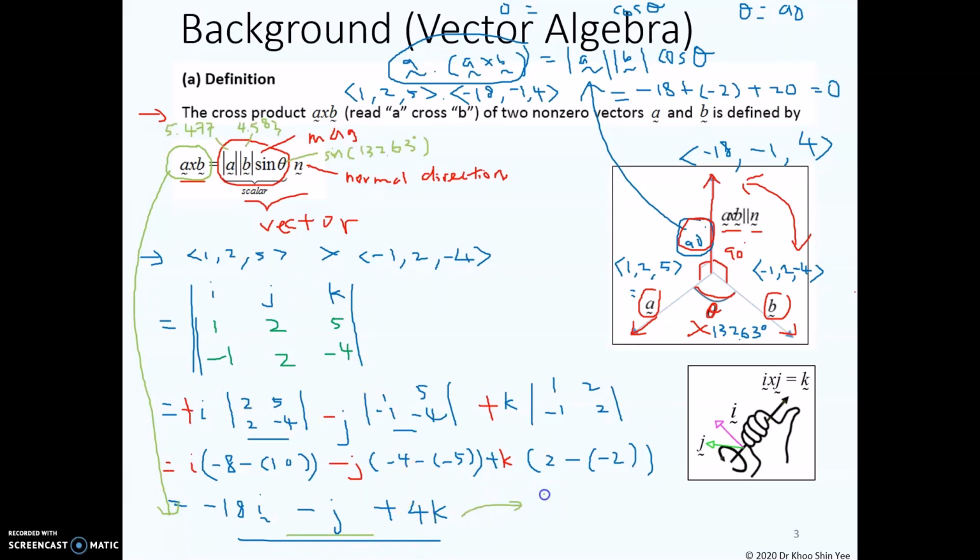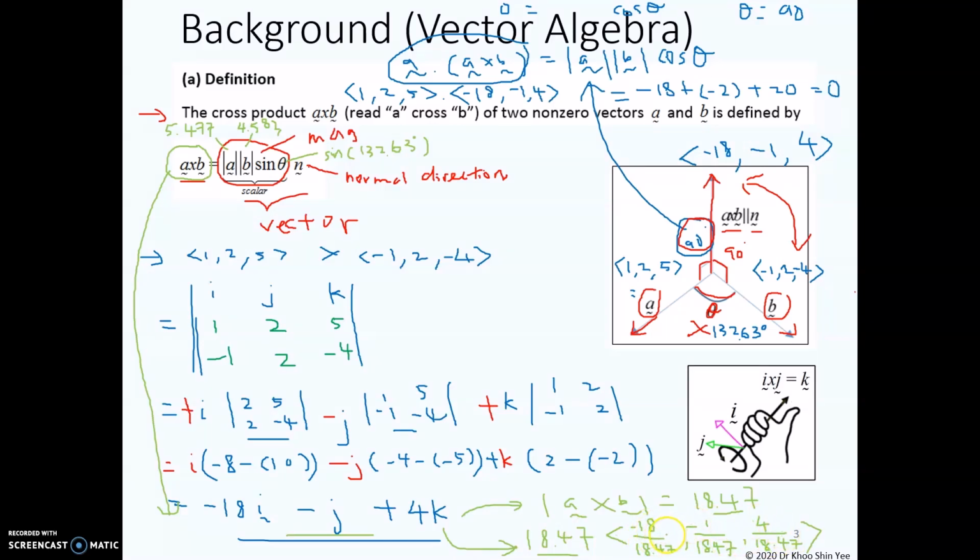If you find the magnitude for A cross B by taking the square root of 18 square, 1 square, and 4 square, you should obtain the magnitude equal to 18.47. And then you can express the vector A cross B to be this, where you have the magnitude 18.47 multiplied with the unit vector.